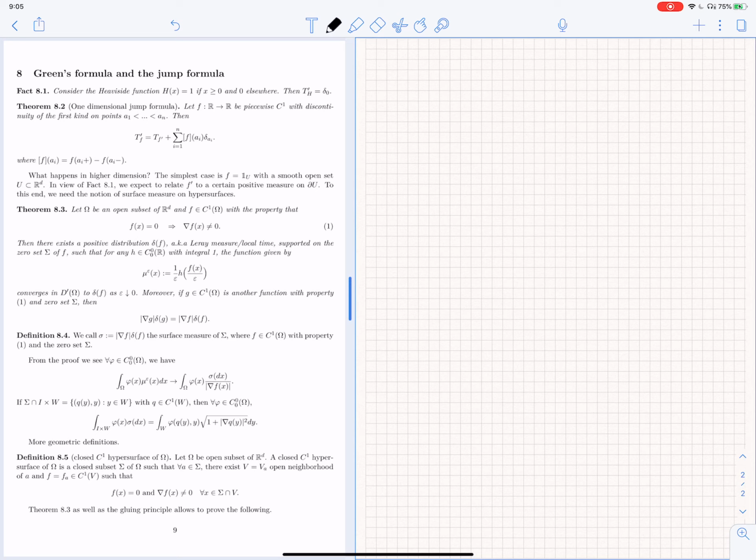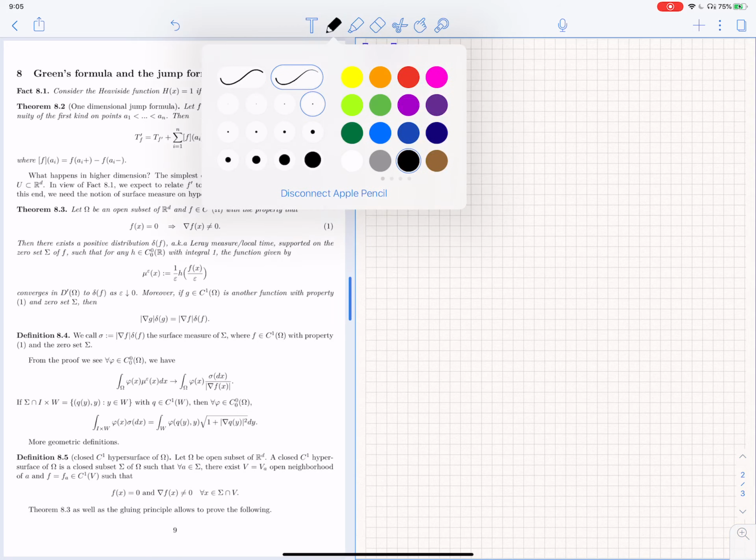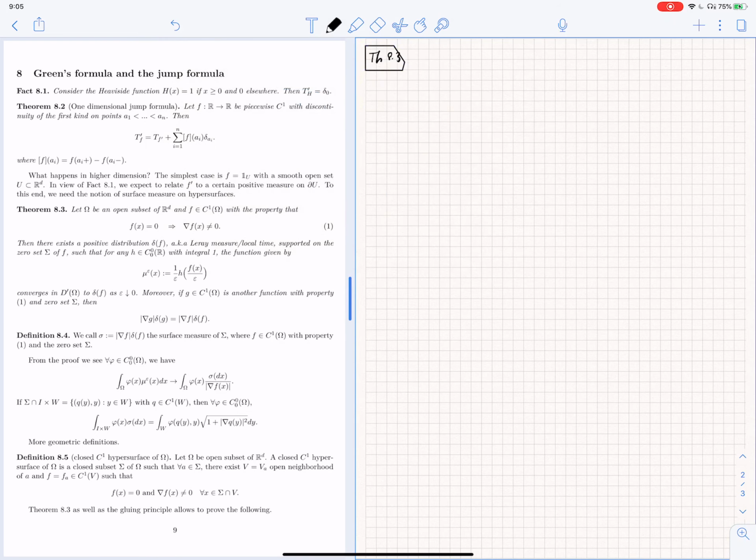So the first step, theorem 8.3. Okay, the proof. The first step will be to show that for any A, so we're going to localize the problem actually.